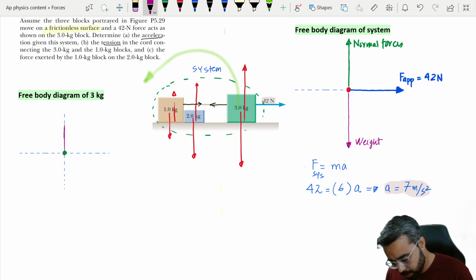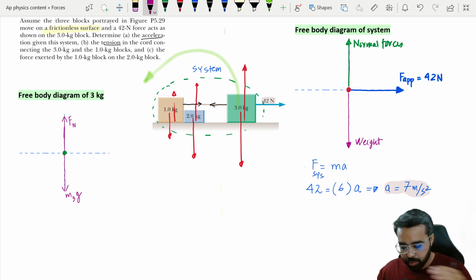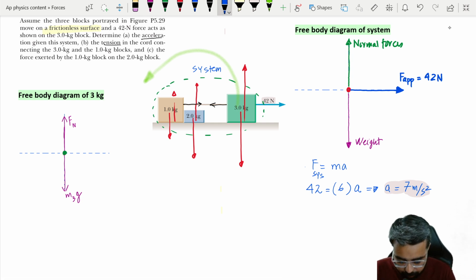One is the normal force, which is balanced by the weight, m3g, because this is a horizontal surface. But what about the applied force? It must be greater than the other force in the opposite direction, which is the force of tension, T.